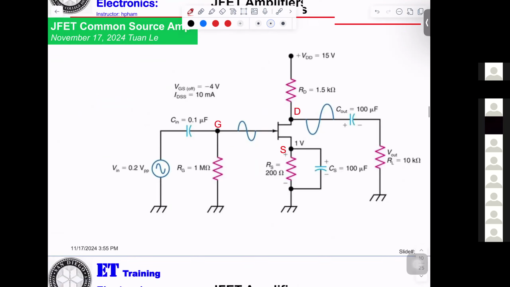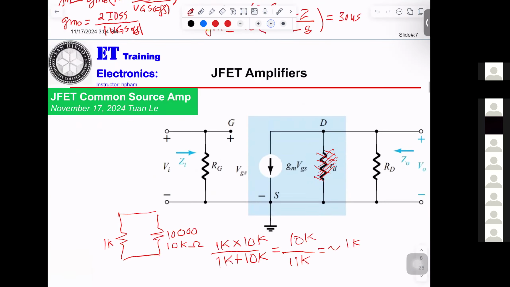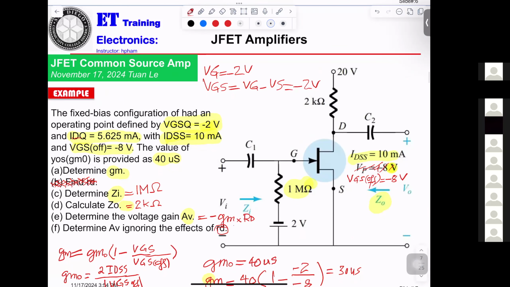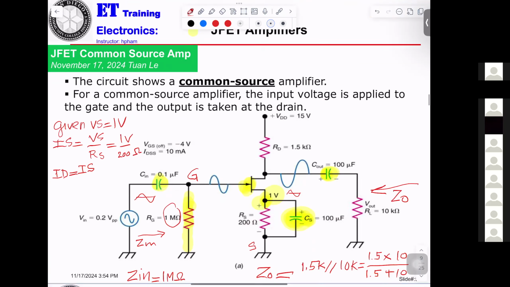Okay? So this is a redraw of the other circuitry, and they will be asking you to calculate the same thing in that one. A lot of calculation, and we will go into the detail after we get through that.